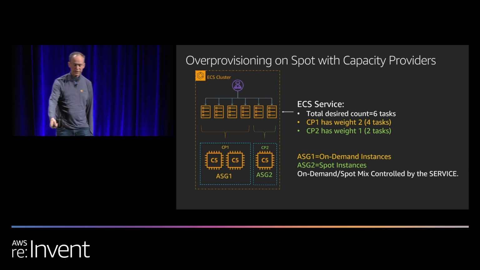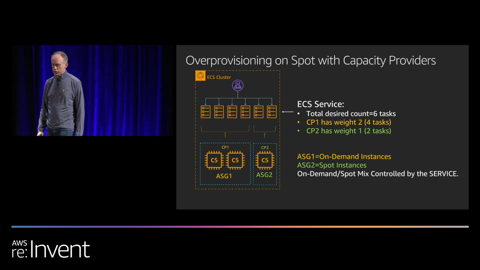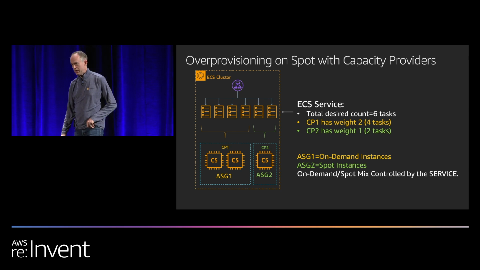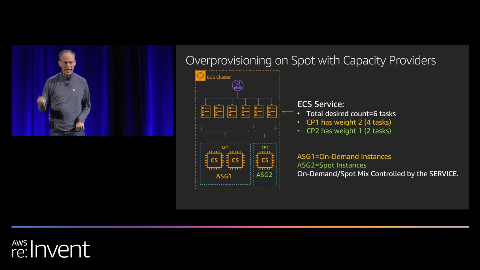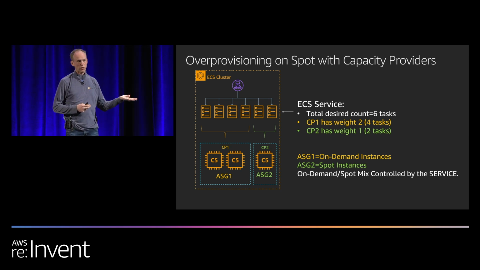So for example, if I say that capacity provider 1 has weight 2 and capacity provider 2 has weight 1, and I have 6 total tasks, then I get 4 running on the first capacity provider and 2 running on the second one. This is exactly the scenario that I just described, where I have an on-demand base capacity of 4 and then 50% more running on spot.